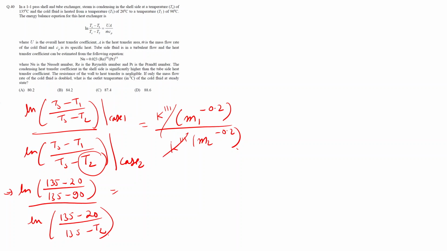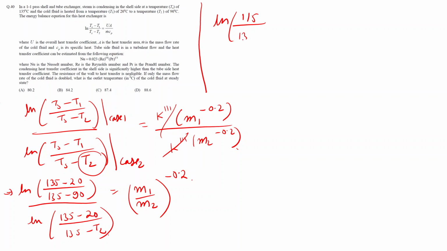The k triple dash will get cancelled out, and we have M1 upon M2 raised to minus 0.2. This is basically ln of 115 upon (135 minus T2).